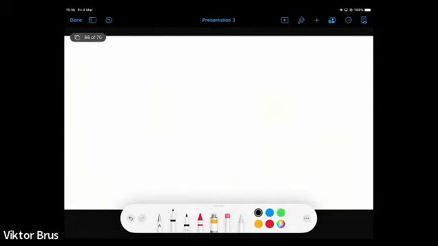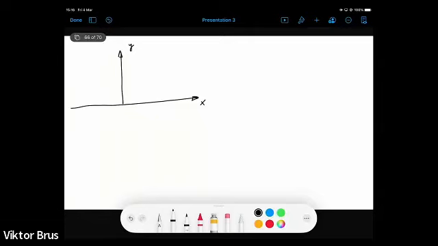Let us go to another slide and consider such an example. So let's start from a straight line conductor. So we have axis y and x.